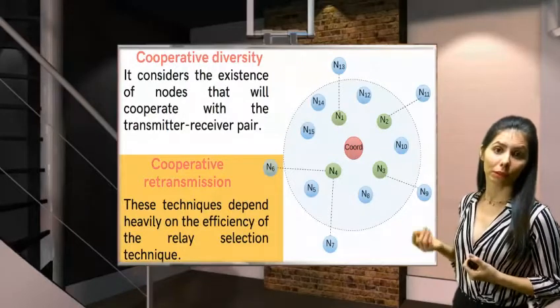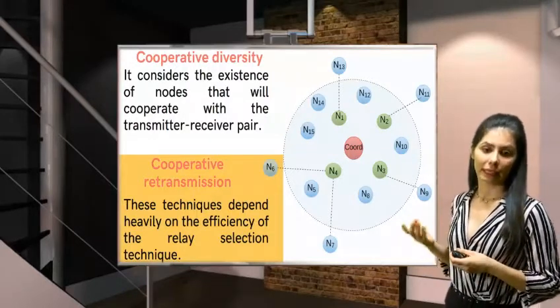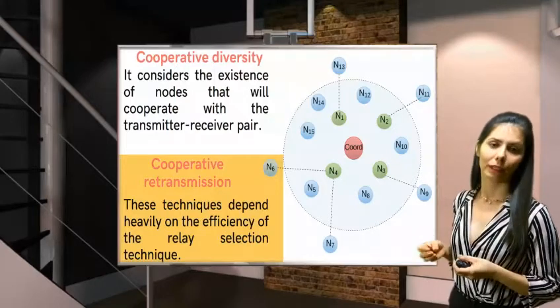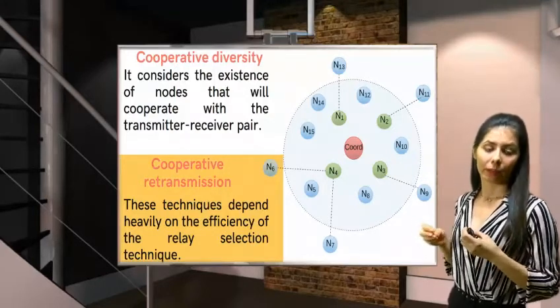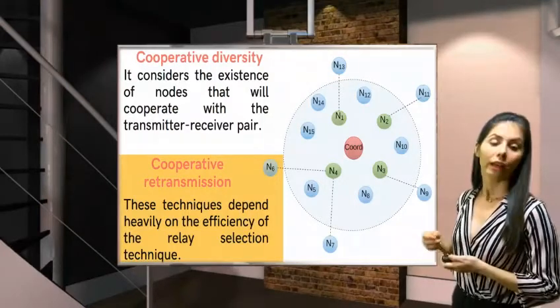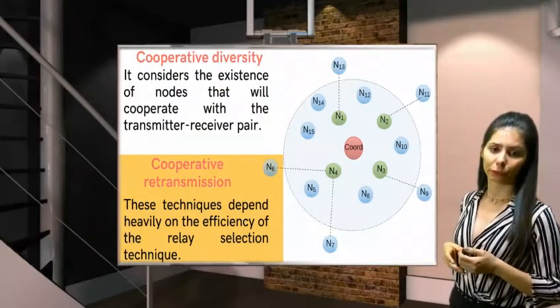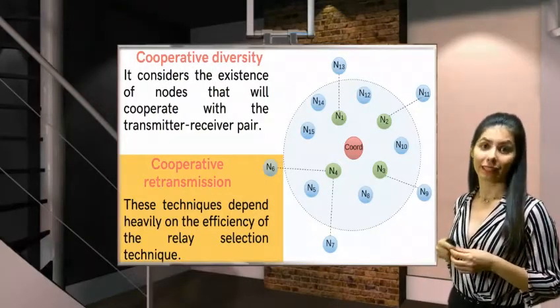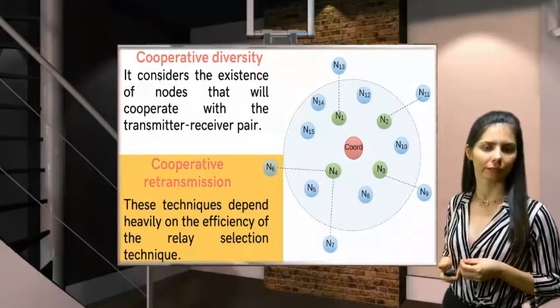But a problem may arise when more relays than necessary are selected, because this will increase the number of repeated messages and the energy consumption. In this way, the performance of the cooperative retransmission techniques depends heavily on the efficiency of the relay selection technique.